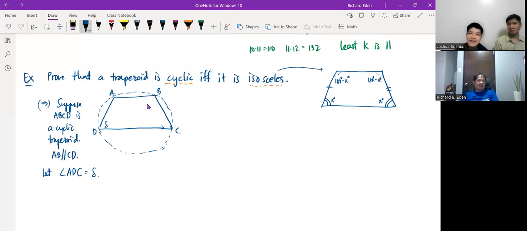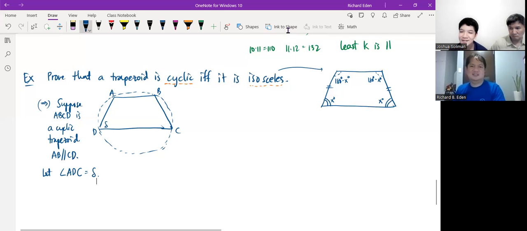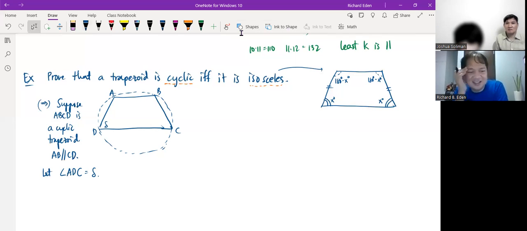Circular argument po yung ginagamit. Yeah, circular argument. You're claiming precisely what you need to prove. So we have to use the fact that this is a trapezoid. Angle DAB is 180 minus delta.